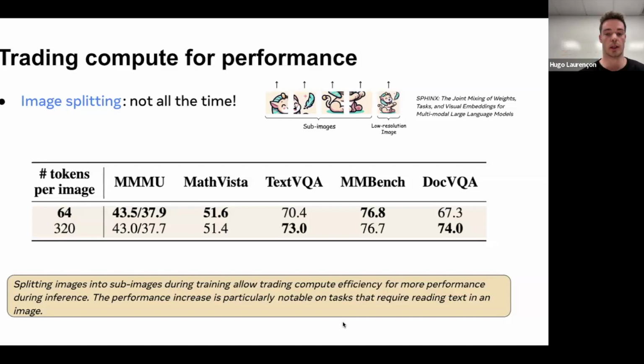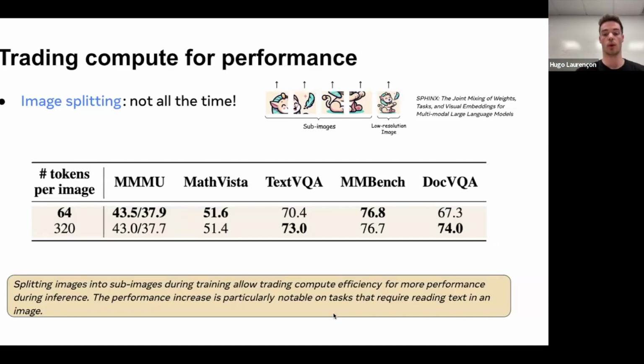So the idea is you have an original image that is of high resolution, and then you split the image into several sub-images and encode each of these sub-images separately. This way you can artificially increase the number of visual tokens for your image overall, because you will have the visual tokens for all the sub-images stacked together.